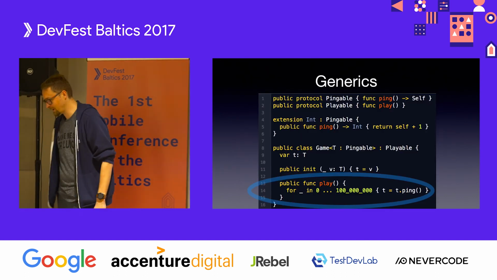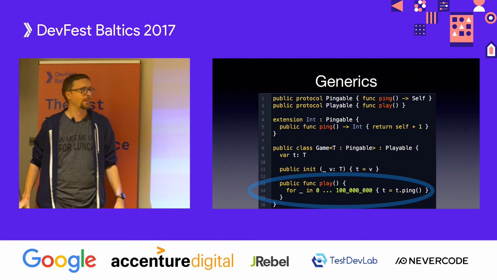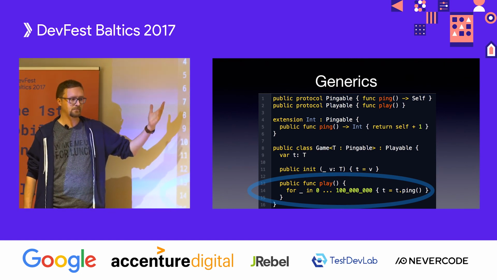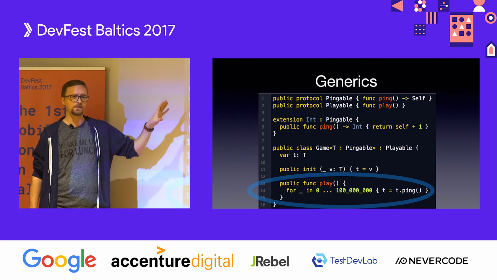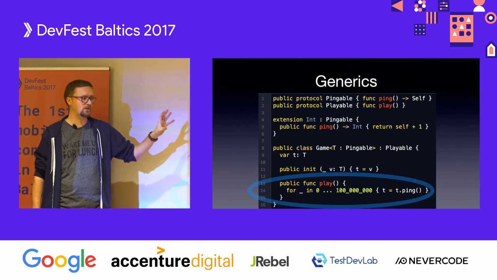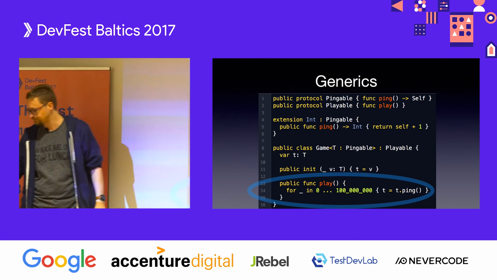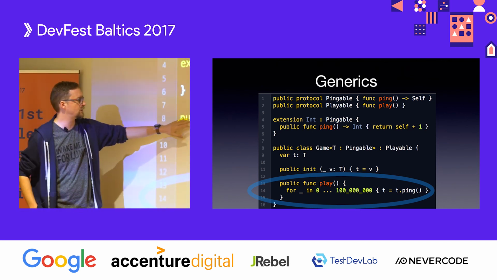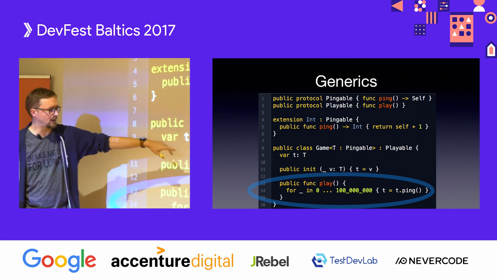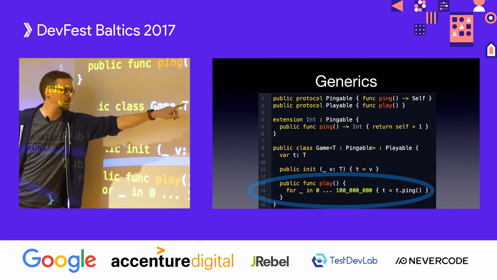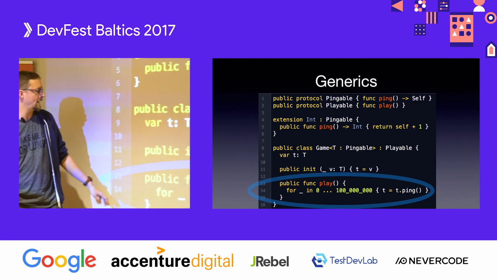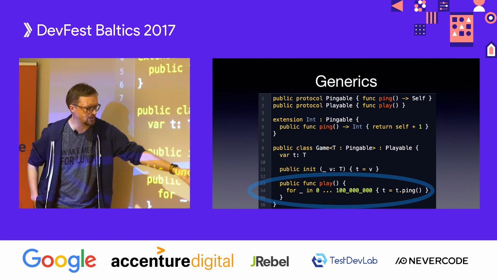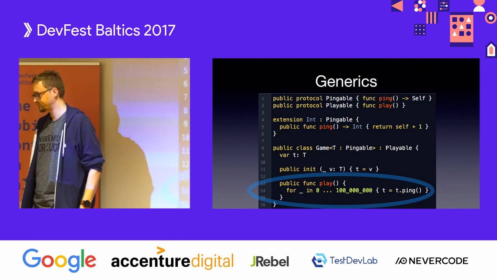But when it comes to performance, I have this example. It may be in the book The Swift Programming Language, or in the repository. Doesn't matter. What do we have here? We have some protocol extensions, and a generic class, type Pingable, and a function called ping that is doing something in a loop.